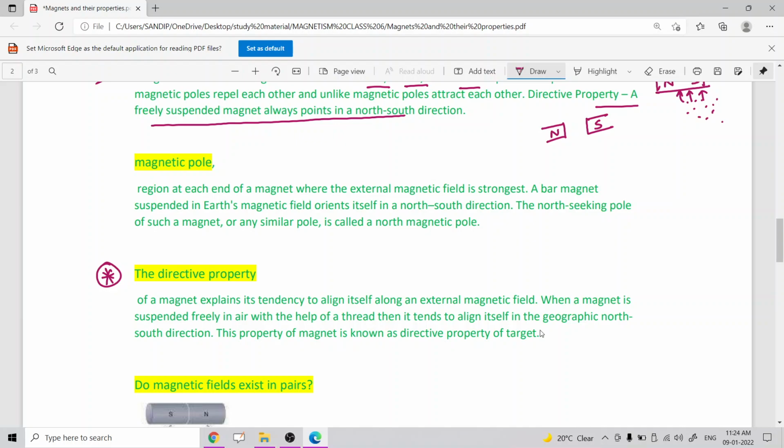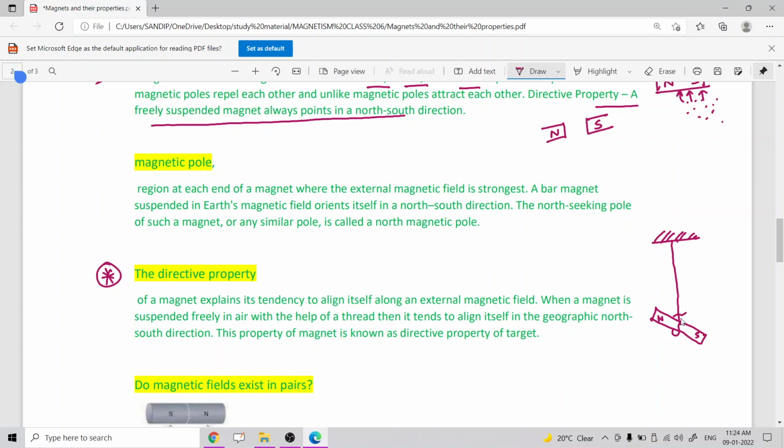Simply, suppose we take a rigid support and a bar magnet, with one end the north pole and the other end the south pole, suspended freely with the help of a string.